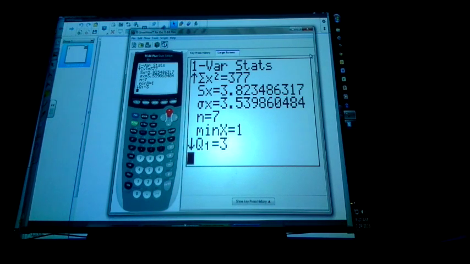So if I divide by n versus n minus 1, if I had a number like 20 that I was going to divide by, and I divided by 19 instead, does 19 as a denominator give a larger number or a smaller number? Larger. So 100 divided by 20 is 5. 100 divided by 19, is that bigger than 5?